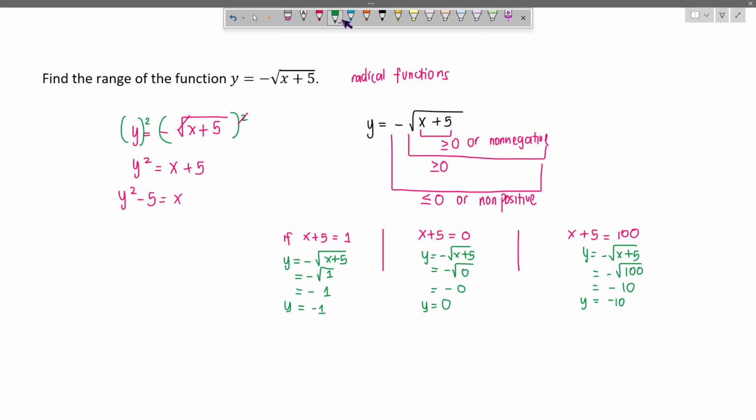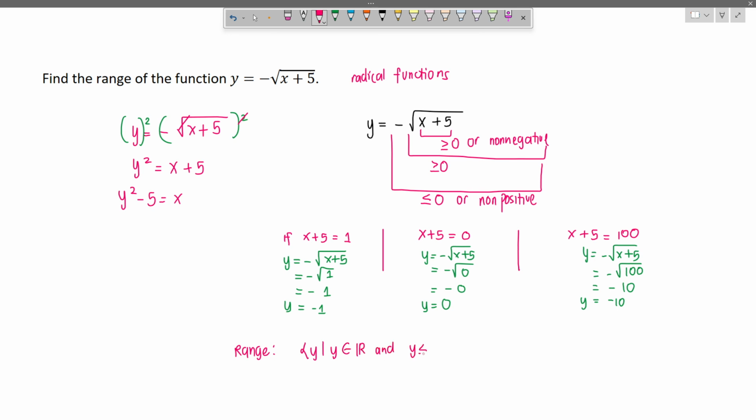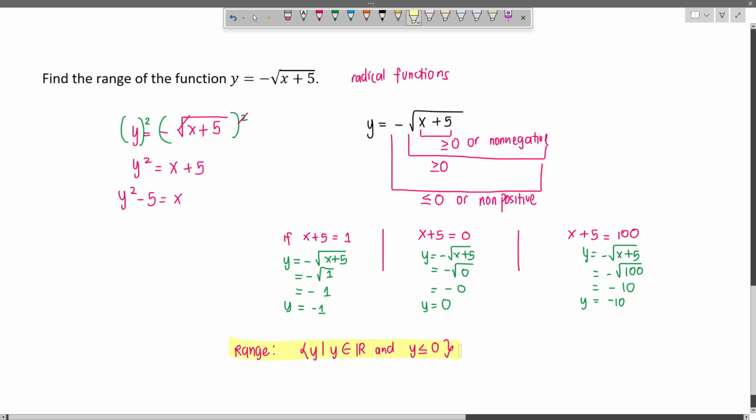Okay? So our range is the set of y such that y is a real number and is less than or equal to 0. So that's how we solve for the range.